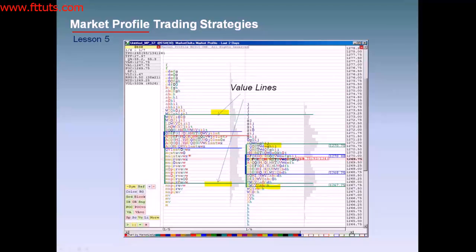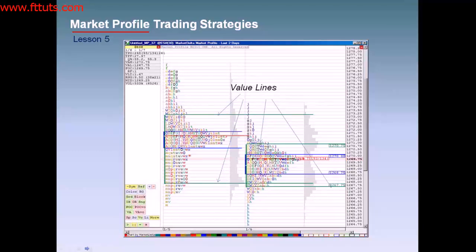Notice how the two lower value lines of both days are very close to one another, because traders do look at these value lines and they provide support and resistance, and therefore you will find that quite often they will in fact overlap. Now here, the upper value line dropped quite a bit from the prior day, so the value area really became smaller on the second day on this chart.